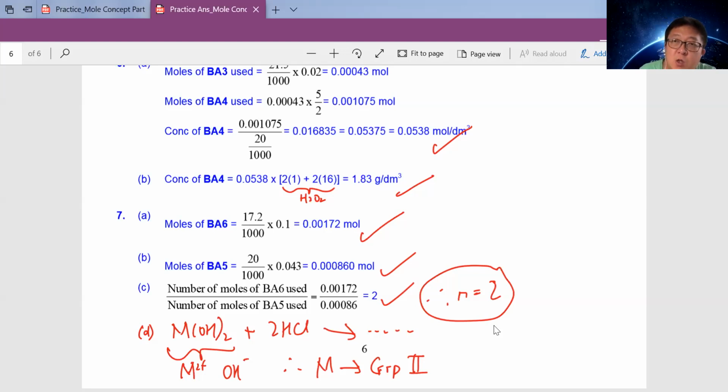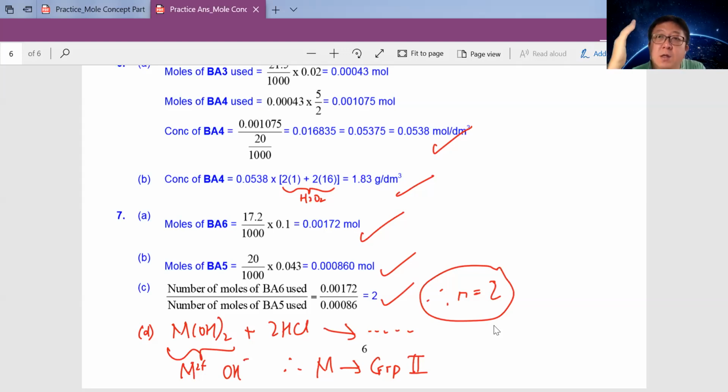You can see the question can take a twist, suddenly asking you to identify M. Then you all cannot look at the calculation and say, oh, I managed to find the fraction between the number of moles of BA6 to BA5, that is 2, and then after that, the next question asks you to identify M, and you don't know how.